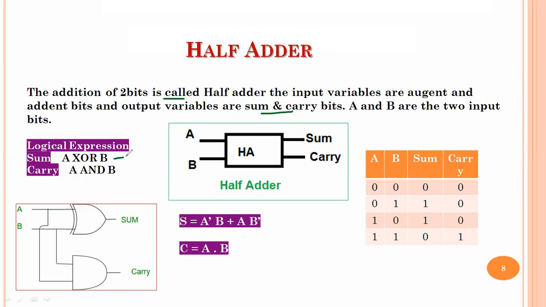So the logical expression is sum is equal to A XOR B, that we have already discussed, and carry is equal to A and B. And the circuit of this half adder, with inputs A and B, has this XOR gate and this AND gate. It is being implemented, and this is the truth table of this half adder. Clear? Okay, so now this is it for today's lecture.